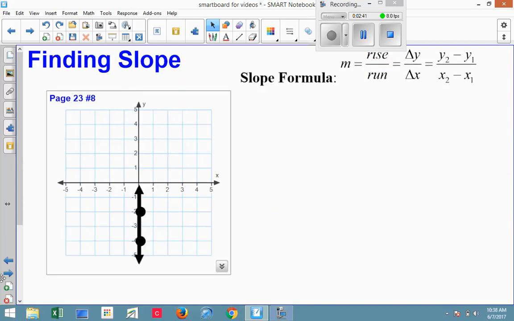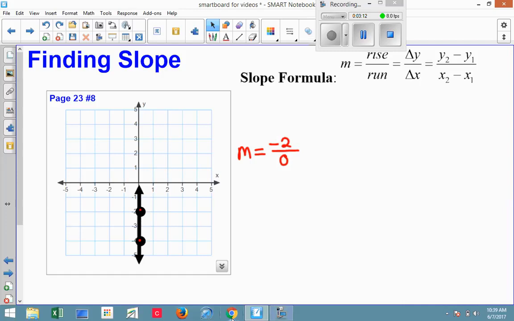Now, let's try number 8 on page 23. You can see this is a vertical line. Again, we'll calculate the slope using rise over run. I'm first going to start at this point and I'll end at this point. Counting the rise, this time I'm going down, 1, 2. So my rise is -2 because I went down 2, and my run is 0 because I'm not traveling left or right at all.